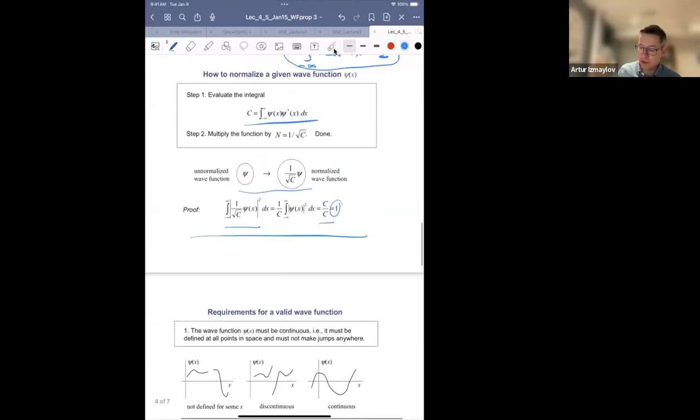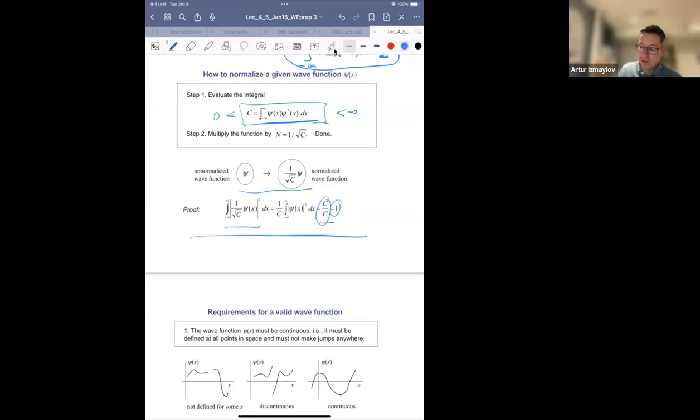So that means this C constant that we obtain if we take this integral needs to be less than infinity, right? Because you don't want to obtain here infinity over infinity or 0 over 0. So clearly this should be more than 0, but less than infinity.